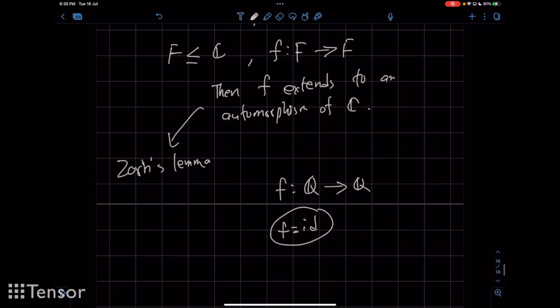Right? For instance, let's say the complex conjugation, it's an automorphism, right? And we have another.